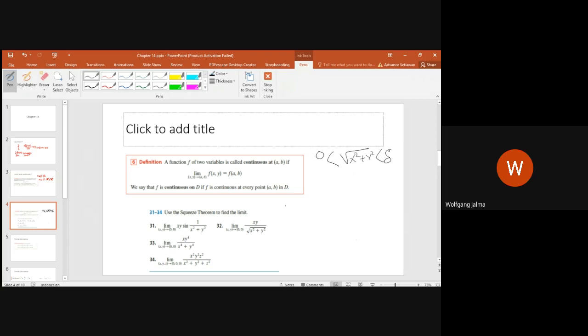So we need to find this delta so that xy over the square root of x squared plus y squared minus 0 is smaller than epsilon.